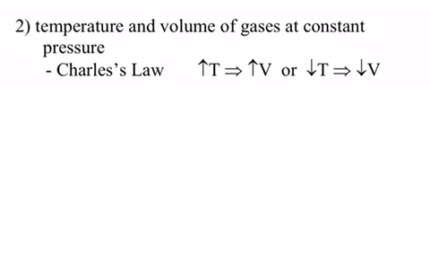And that's how the pressure is kept constant, by allowing the container to expand. Mathematically, the relationship is expressed like this. The initial volume divided by the initial temperature is equal to the final volume divided by the final temperature. Notice that pressure, because it's constant, is not part of the equation.